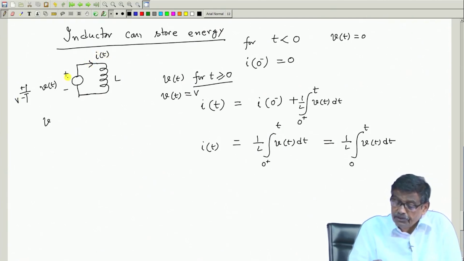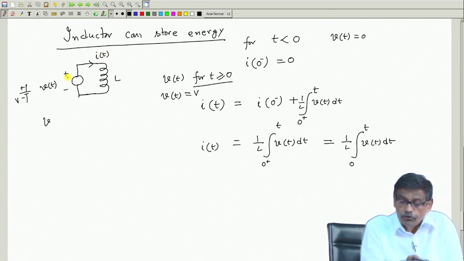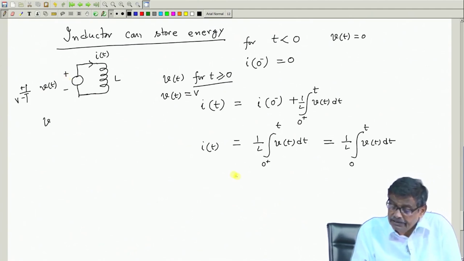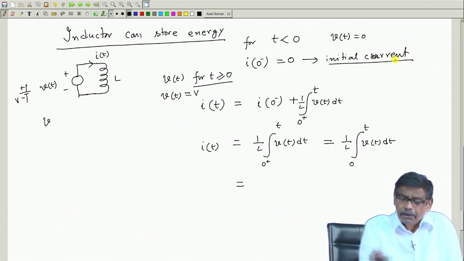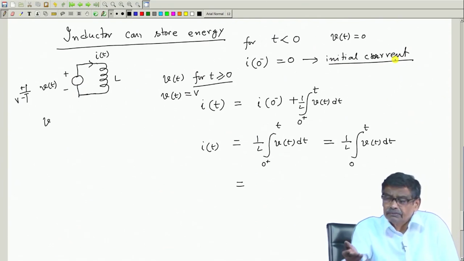So, suppose you applied a constant voltage V, then you will say the current through the inductor which had no initial current, this is called initial current. So, here is the practical example. Previously you did something or did not do something, I(0-) was 0, it is given to me.